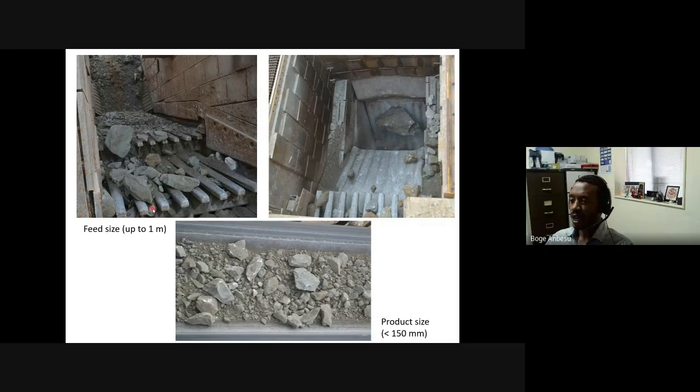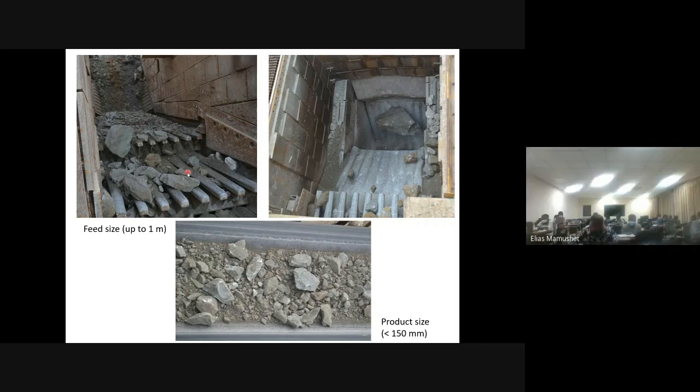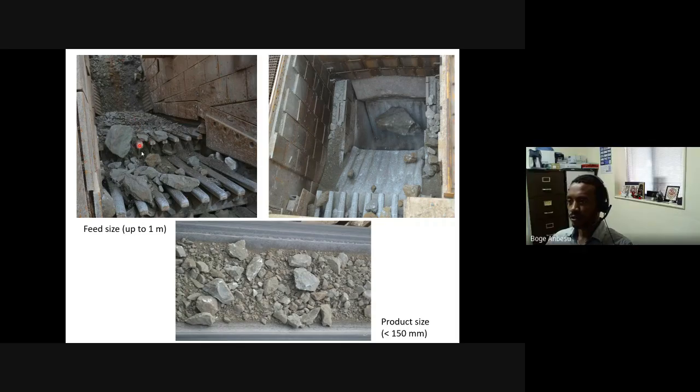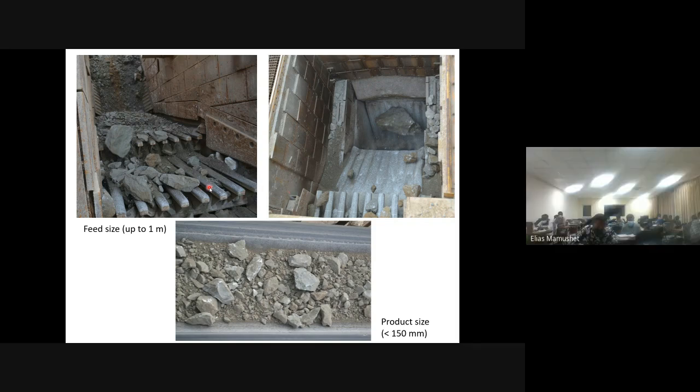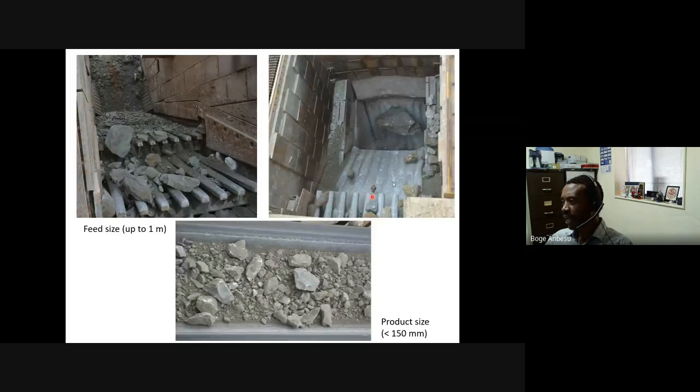But grizzlies are made from very strong steel bars, and as everything comes down through the grizzly, the fine particles will pass through, and only the coarse particles will be presented to the jaw crusher. So you can see this picture on the right, and this is just where the crushing happens. So this here is the crushing chamber.